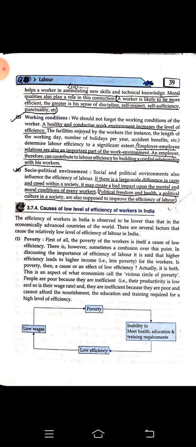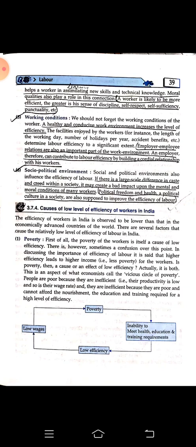Next we are having working conditions. If there is a good working environment, that will increase the efficiency. If all the colleagues, all the laborers in the factory are working peacefully, the production will keep on increasing. If there is a fight, conflict, always quarreling among the workers, the efficiency will decrease.